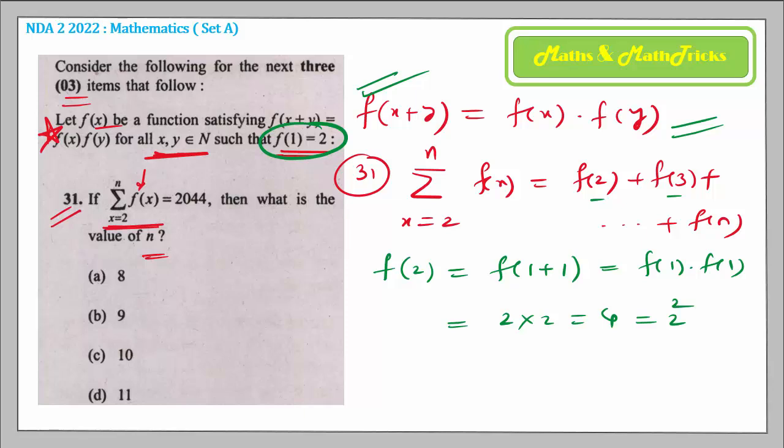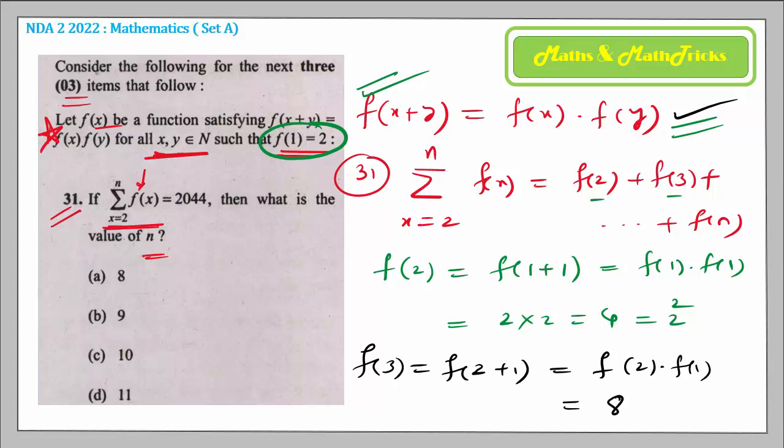And coming on to the next, f(3) you can write down as f(2+1), applying again the formula. So f(2) into f(1) it will be, isn't it? f(2) we got 4 into f(1), which is 2, so it is 8, that is 2 cube. So you notice that we have got a pattern. For f(2) you got 2 square, for f(3) you got 2 cube.